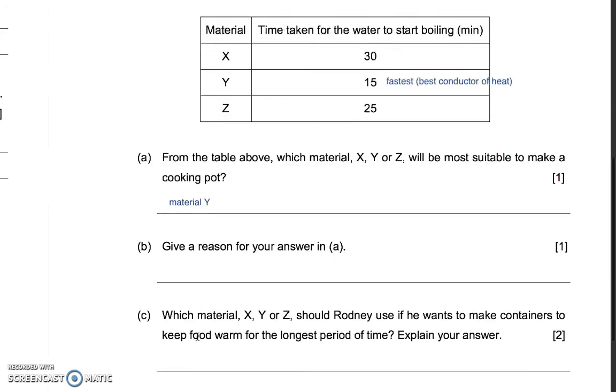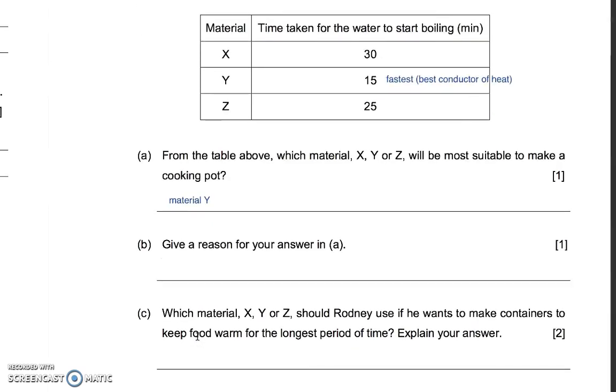And the reason for the answer is because from this experiment, we can see that Y took the fastest time, or the shortest time, for the water to start boiling.